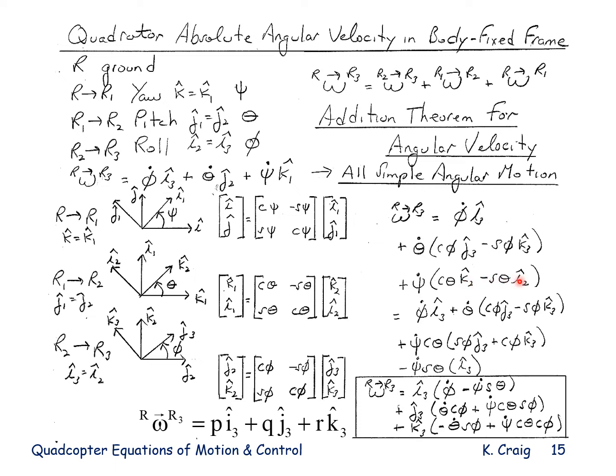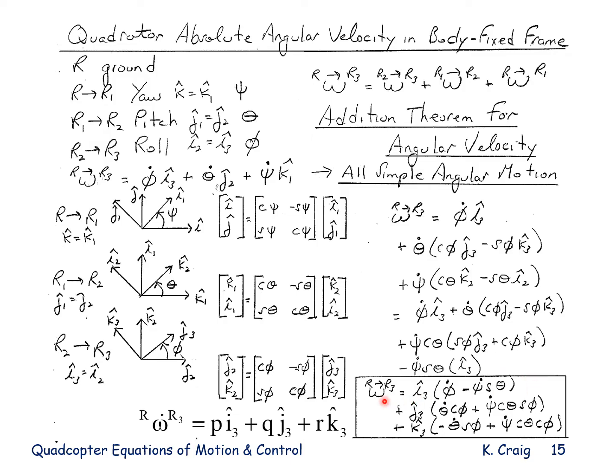But I2 hat is the same as I3 hat, and K2 hat is equal to sine phi J3 hat plus cosine phi K3 hat. When I make that substitution, my final expression is shown here.